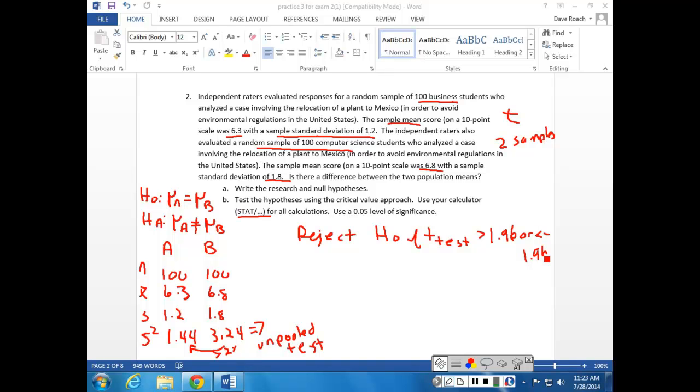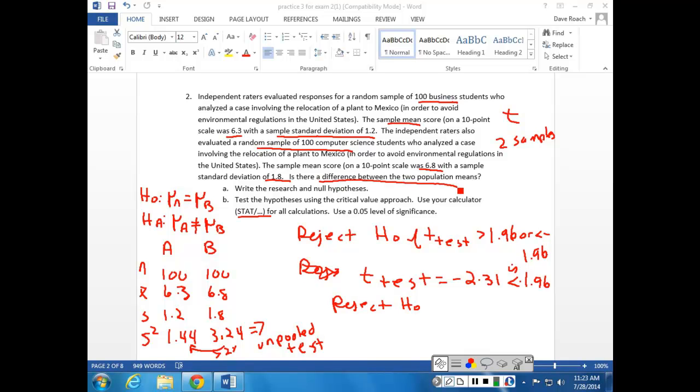While we have the output there, you can see that the t-test is equal to minus 2.31, which is less than minus 1.96. Therefore, we're going to reject H0 and conclude there is a difference between the two means.